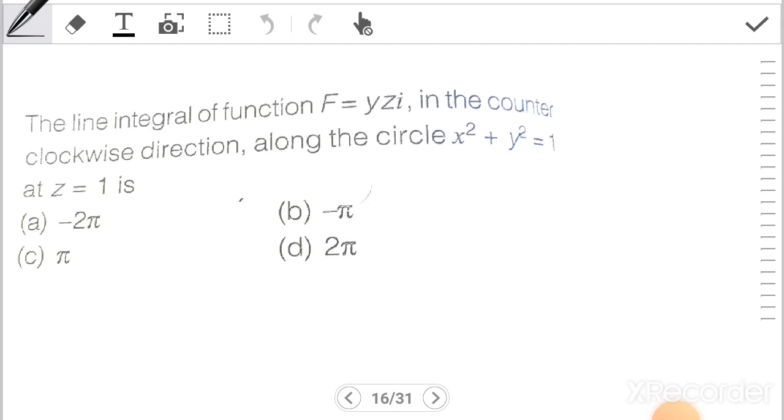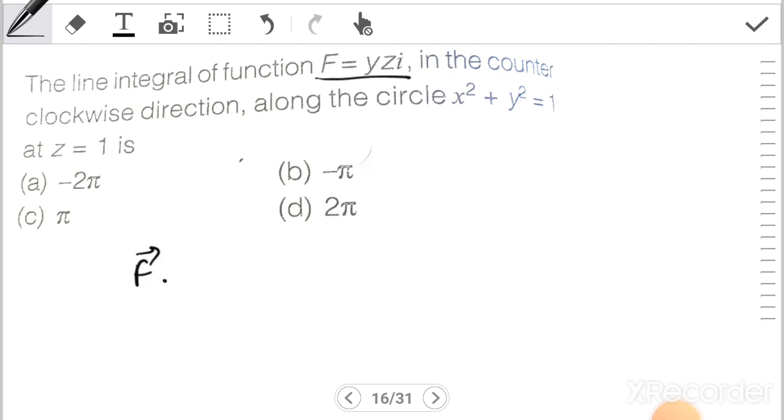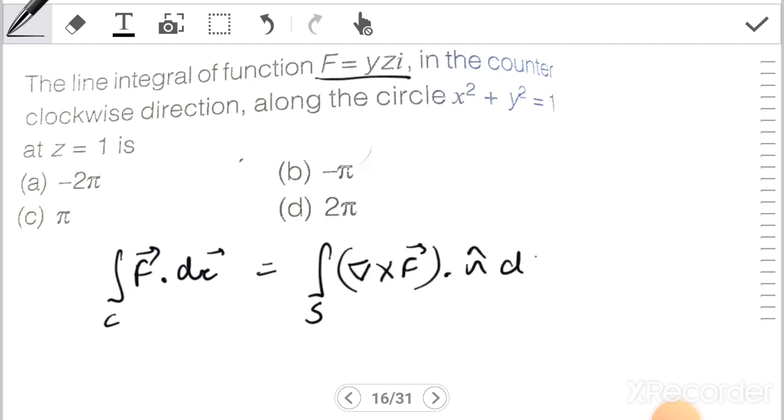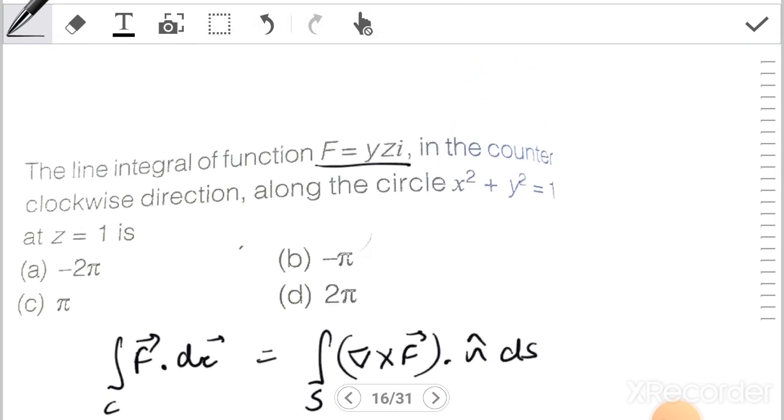So the line integral of function f in the counterclockwise direction along the circle at z equals 1 is. Since the question is on line integral, we can use Stokes theorem here. So by Stokes theorem we have the line integral of f dot dr equal to the surface integral of del cross f dot n ds, where f is given as yz i.